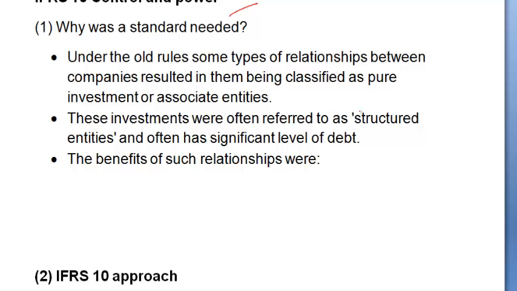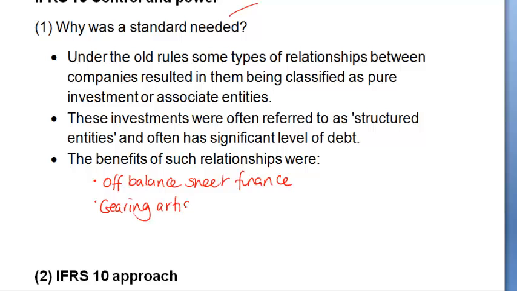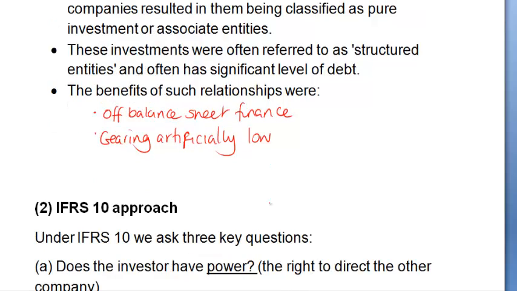So the benefits of the relationship were we have off-balance sheet finance, gearing was kept artificially low because it didn't seem to exist in terms of debt.